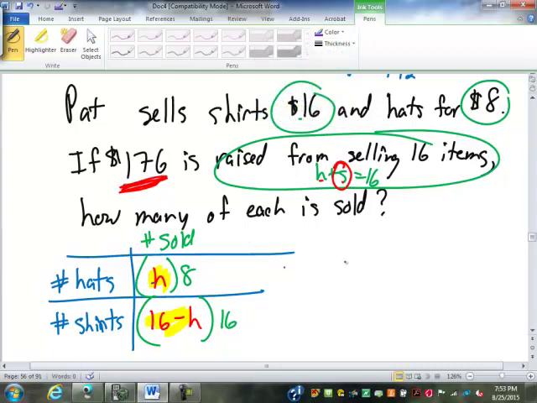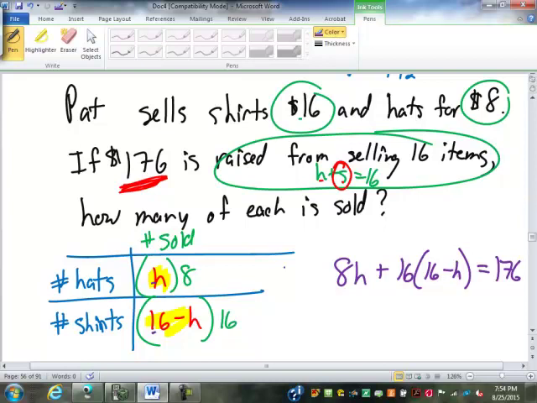So H times 8 is 8H. Plus, I'm going to put the 16 out front here. So 16 times (16 minus H) has to equal the $176. What are we going to do next here? Well, we have parentheses, which screams at us that we have to do something there first.